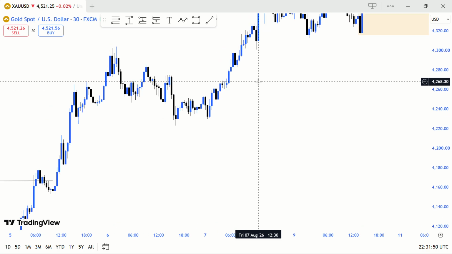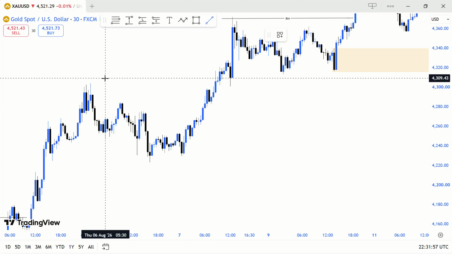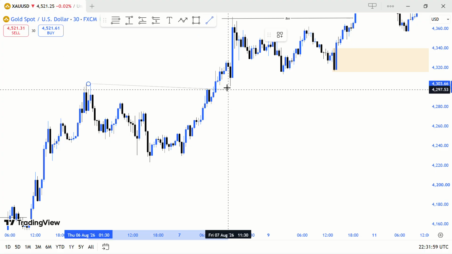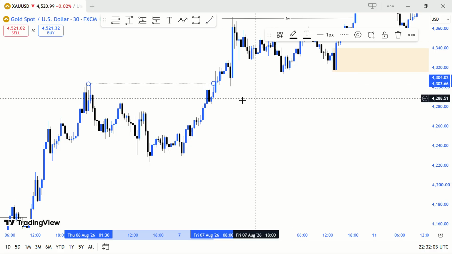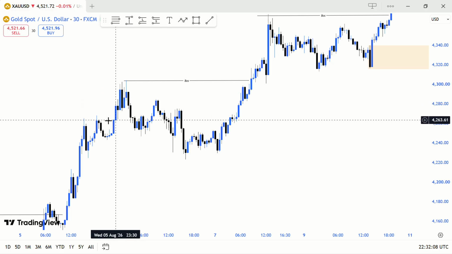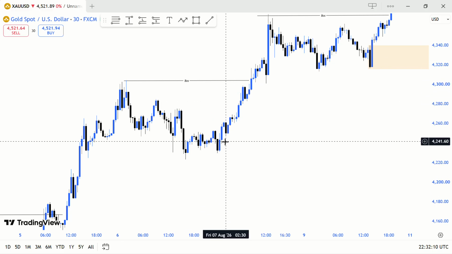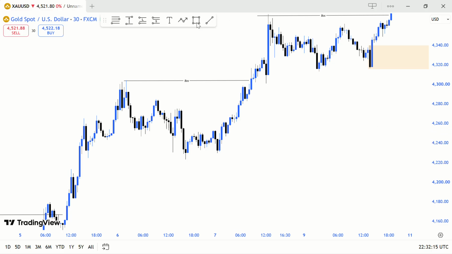Now, for instance, this is a BOS to the upside. Of course, you know. So the last candle that prompts the movement to the upside is this particular guy here on my order block.